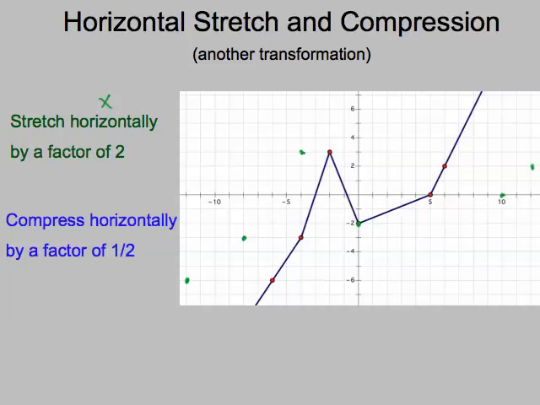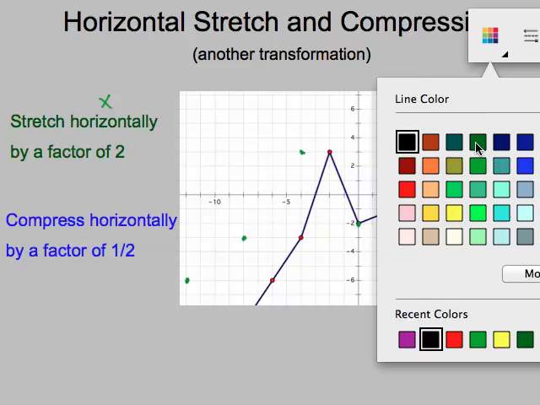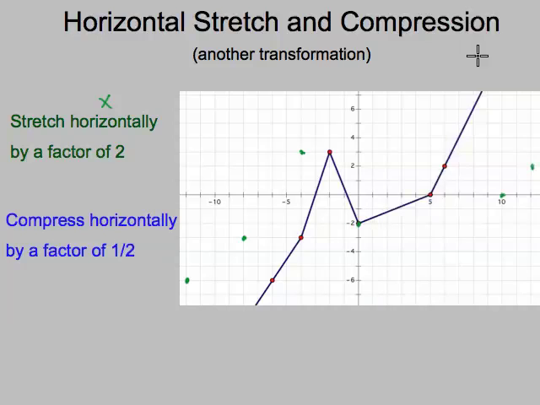Now I would go back, and I can connect each of these change points that I used to see what the graph would look like when it's stretched horizontally by a factor of 2. Obviously, stretching it horizontally is going to elongate it this way.